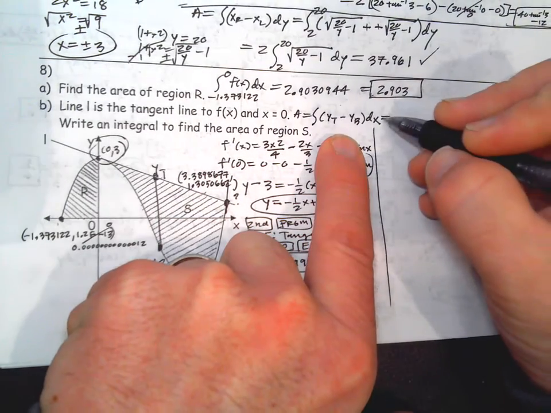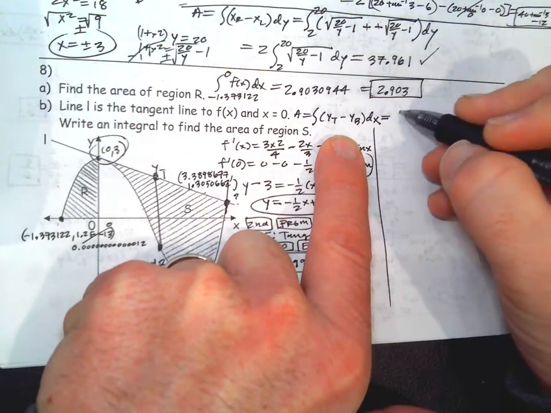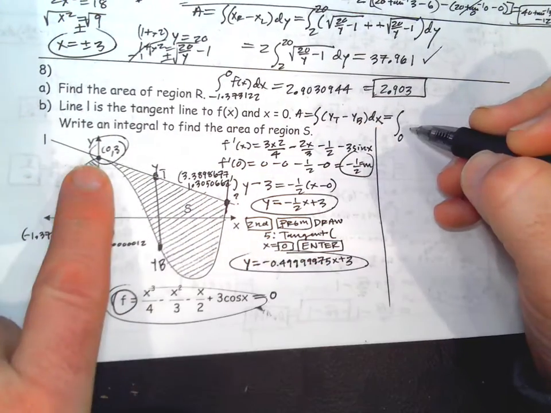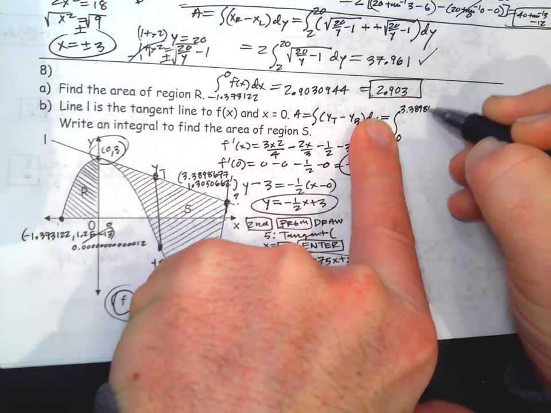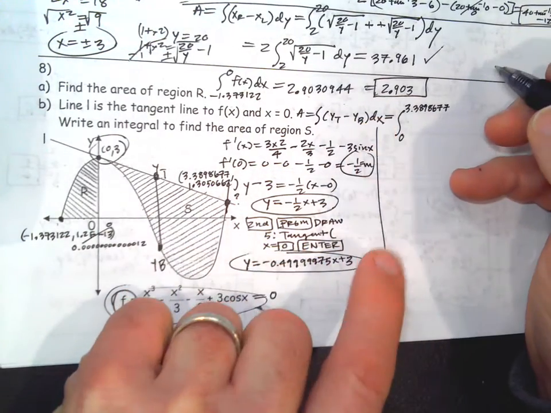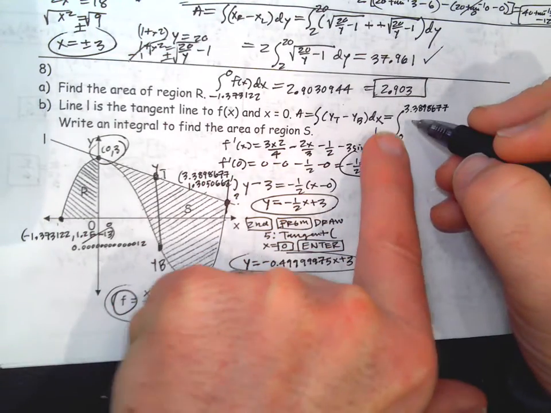Now to find this area, we already said we're going to do y top minus y bottom. So the limits now are 0, x left to x right, 3.389867. Better have several decimals past 3 decimal points in the middle of your work.